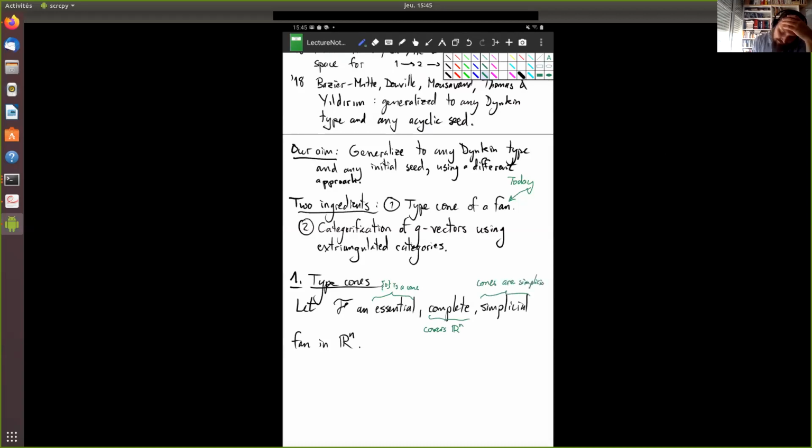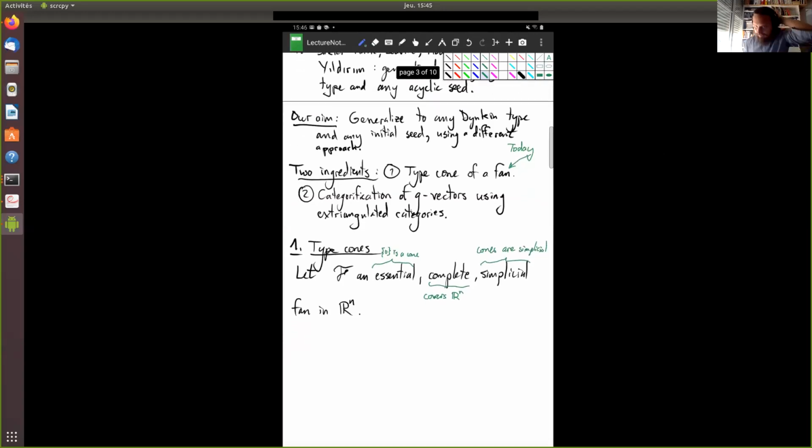What does it mean for cones to be simplicial? It means that their rays are linearly independent. So if you're in 3 dimensions, something like this is simplicial, but something like this is not. All 4 rays in this drawing on the right are necessary in order to generate the cone, but the cone is 3-dimensional, so this is not simplicial.